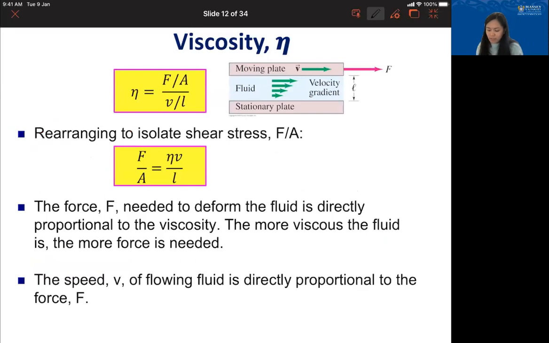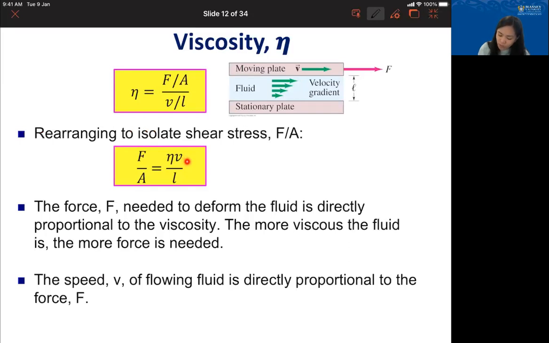Right, so let's look more closely at how viscosity will affect fluid flow. Viscosity, this was the definition. We can rearrange it and also simplify the equation. The goal of rearranging this is to see how the viscosity affects the fluid flow in terms of the force you need to apply to make the fluid flow, as well as the speed of fluid flow.